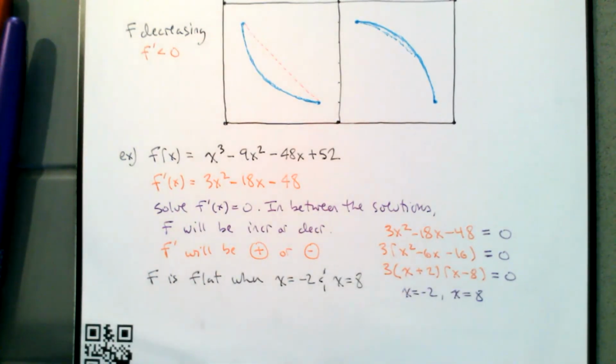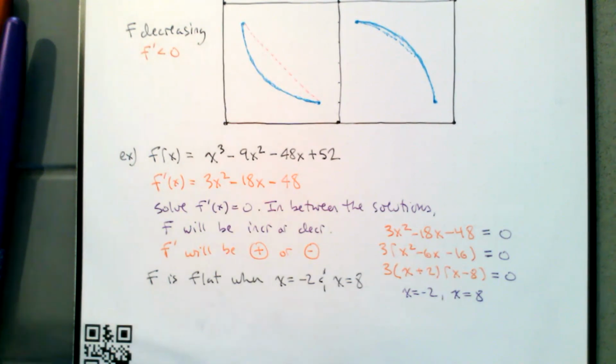In between -2 and 8, and before -2, and after 8, we should see the derivative being either positive or negative in those 3 intervals. These 2 values of x, -2 and 8, divide the number line into 3 regions: before -2, between -2 and 8, and after 8.